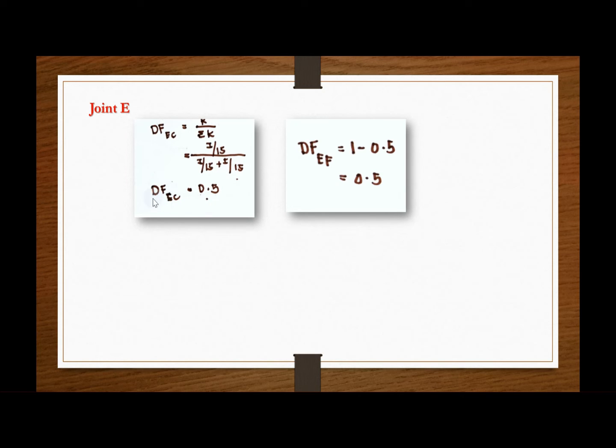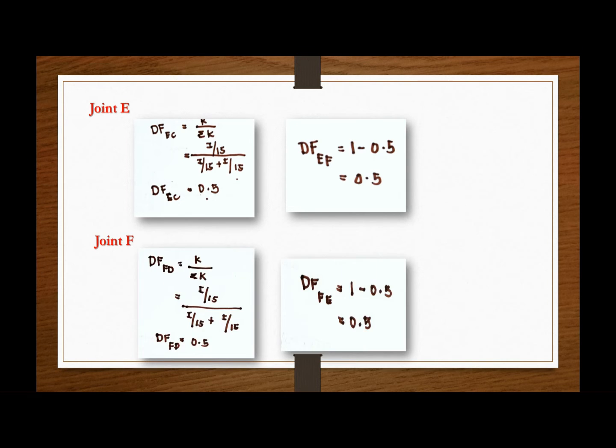So our distribution factor of EC is 0.5. Then 1 minus 0.5 is our distribution factor EF, which is 0.5. Next is joint F. Joint F, the same as joint E, also has only two members, which are FD and FE. Same process: the formula is stiffness over summation of stiffness.